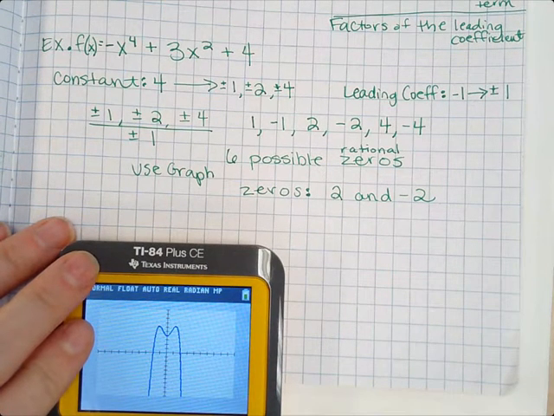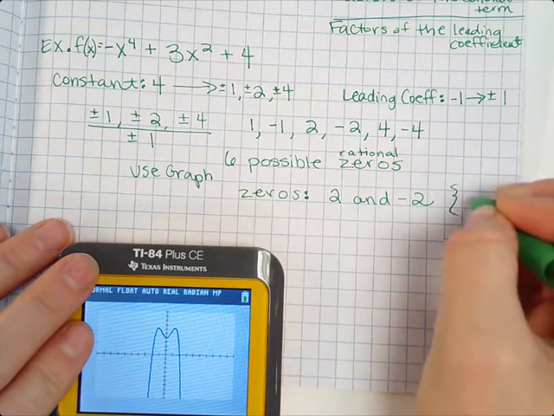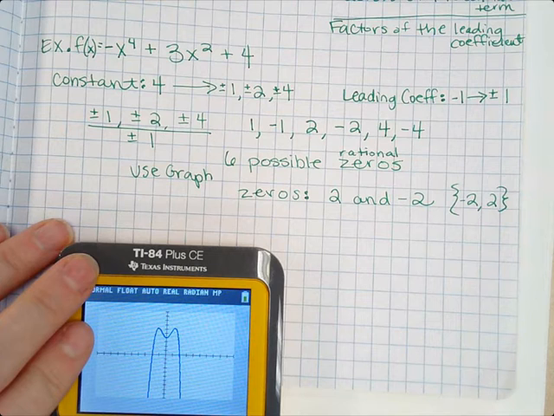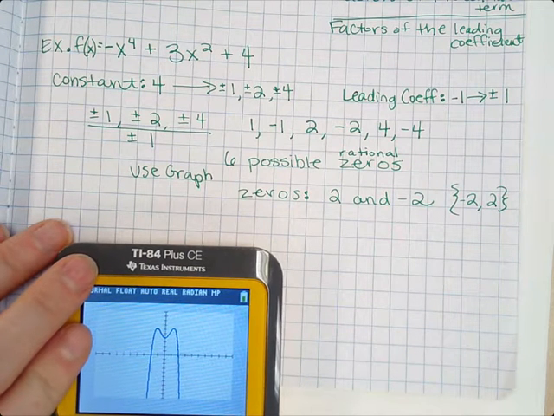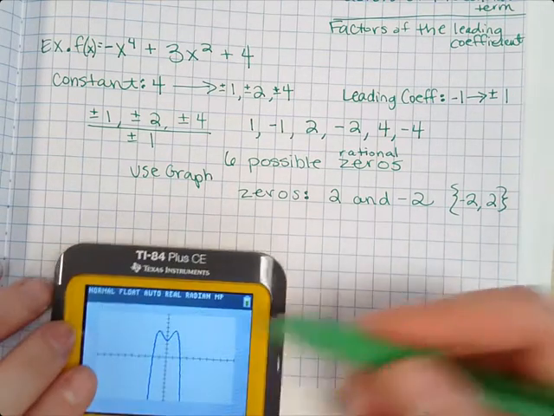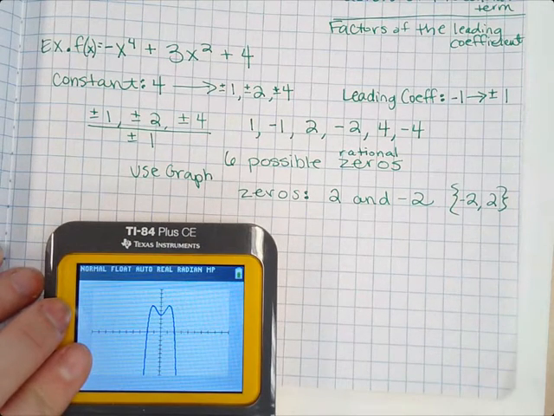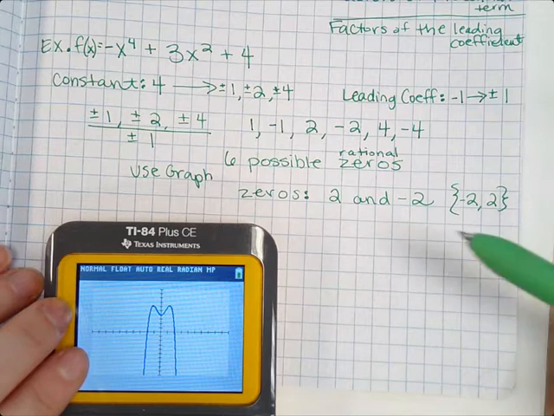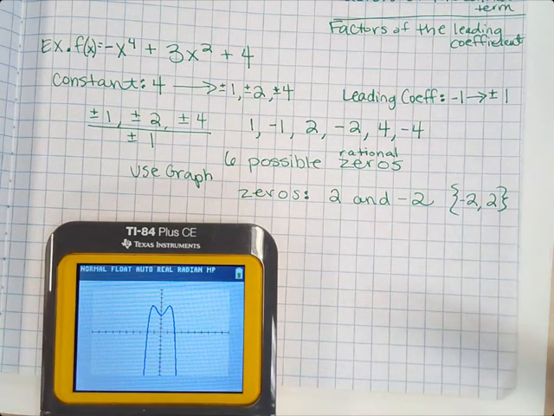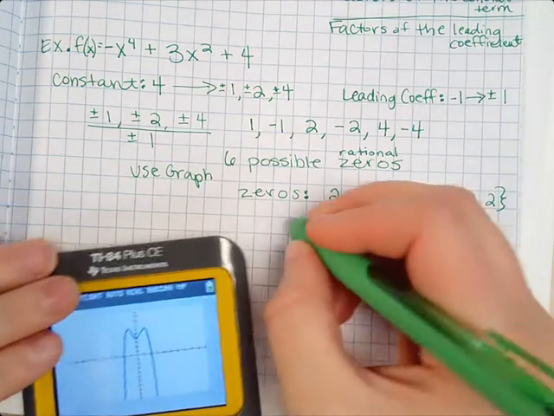Those are our actual zeros, so we would write that as negative 2, positive 2. Or you can do plus minus 2. How many turns does it take? Yeah, that's 3 turns.